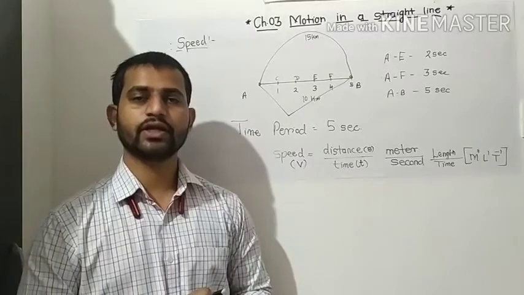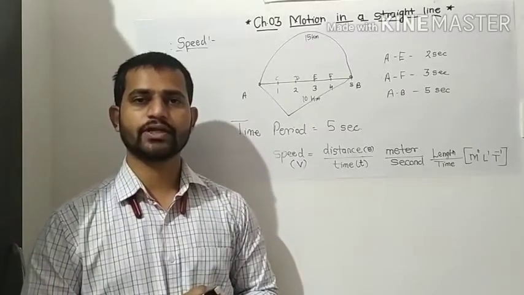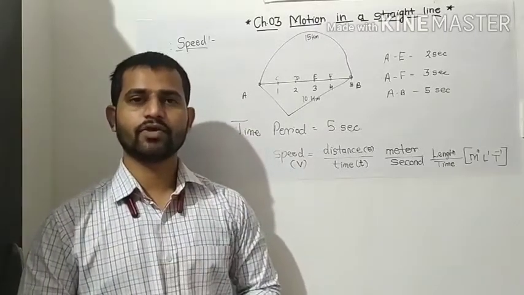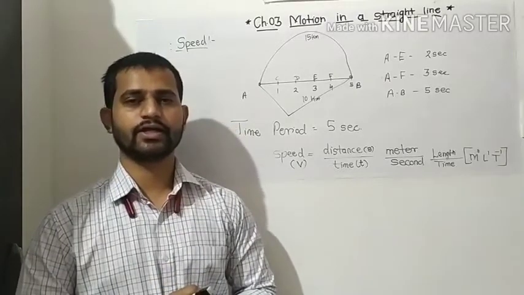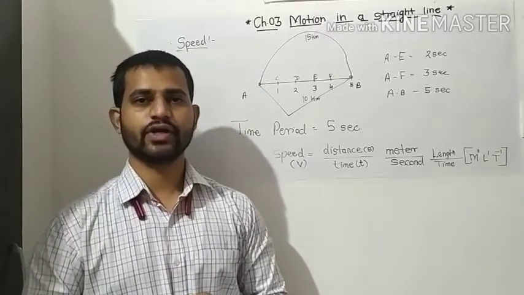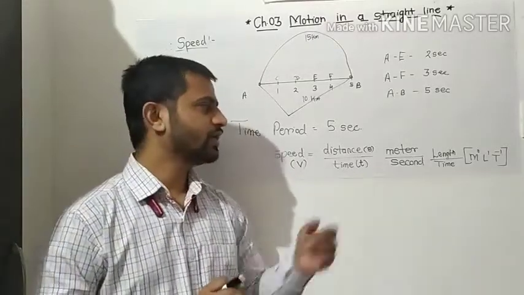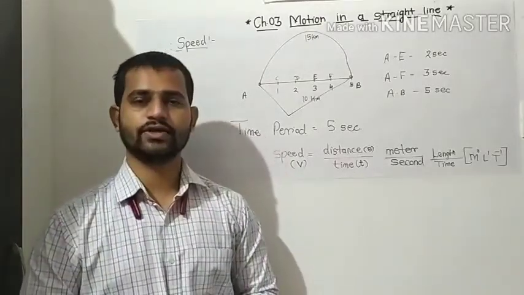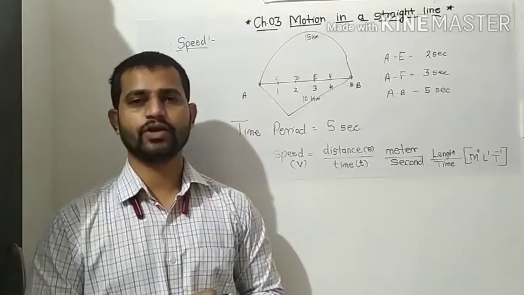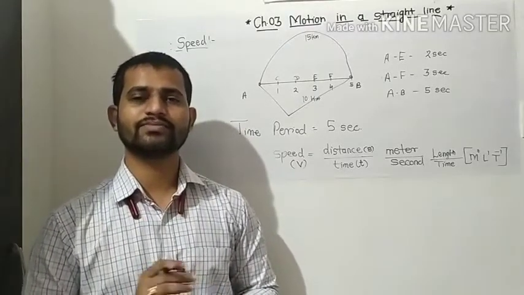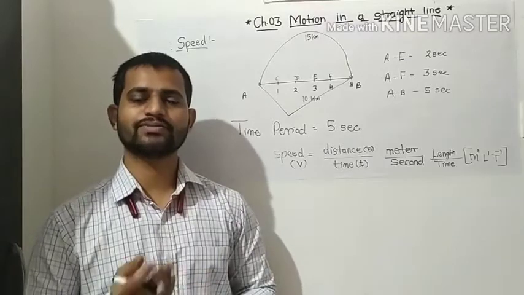So these are some specifications of speed: it has the formula distance upon time, the unit meter per second, and the dimensional formula length upon time, given by M raised to 0, L raised to 1, T raised to minus 1. We are giving these units in SI. The speed may also be in kilometer per hour, miles per hour, or miles per second.